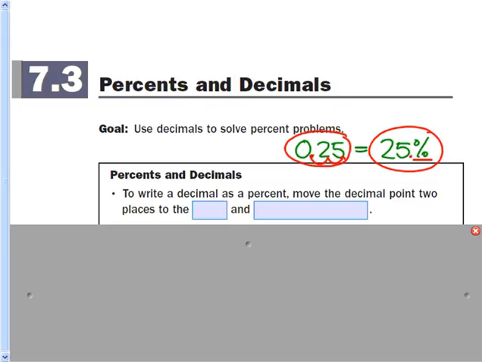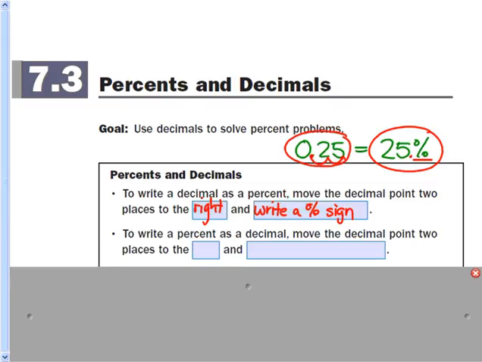So to write a decimal as a percent, move the decimal point 2 places to the right, and write a percent sign. Don't just memorize, think about why that happened.